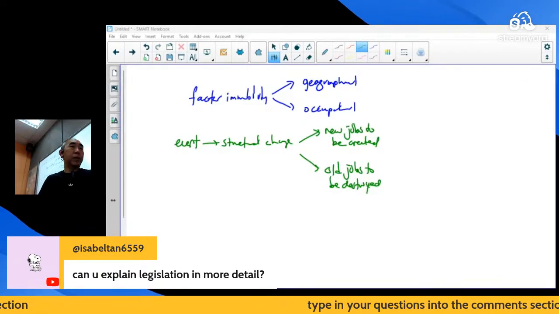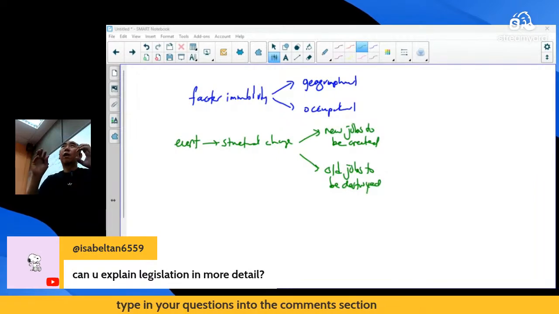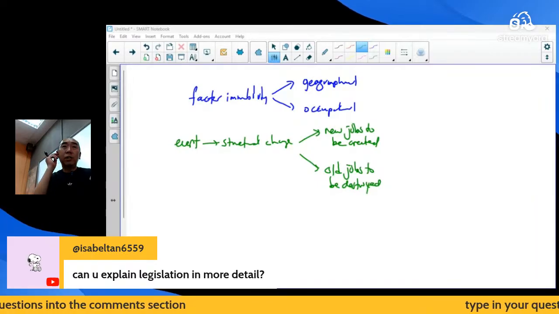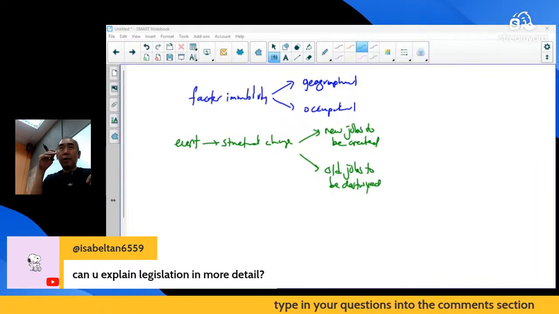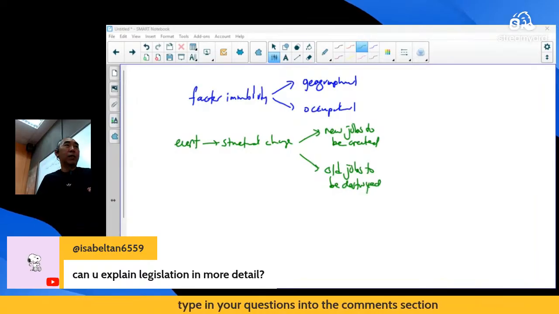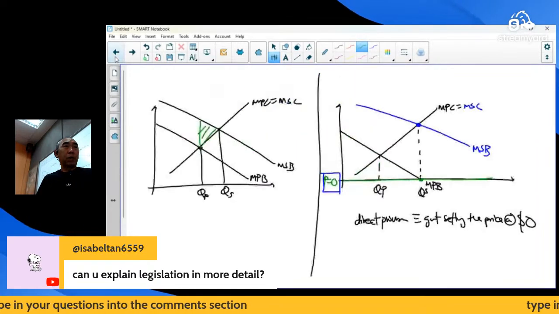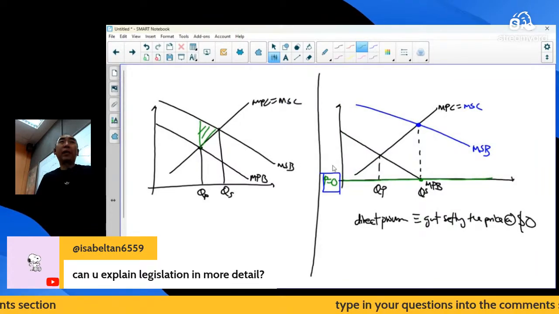Can you explain legislation in more detail? So let's put it in the context of legislation using the same example earlier. Let's say vaccines, a positive externality. The government legislates by making it compulsory.